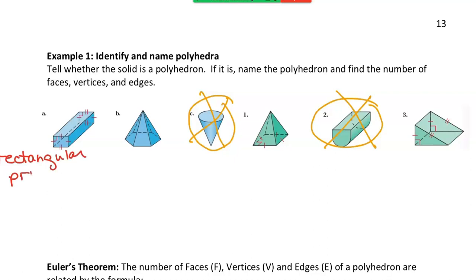It's a prism because you've got parallel faces, and it's rectangular because the shape of the base is a rectangle. Okay, the next one, that base is a hexagon. So that's going to be called a hexagonal pyramid.